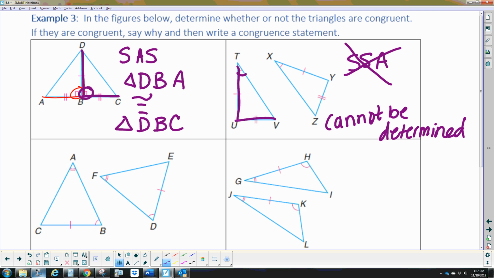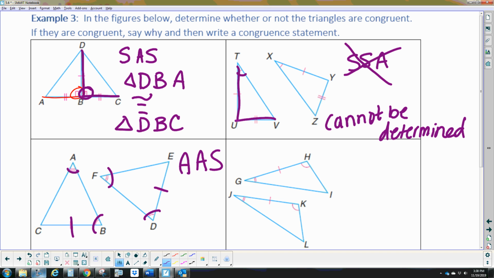Okay, and then this next one, we have an angle, another angle, and a non-included side. And here's an angle, and a non-included side. So we can use the angle, angle, side shortcut or the side, angle, angle shortcut, however you remember it. Let's start by naming our angles.